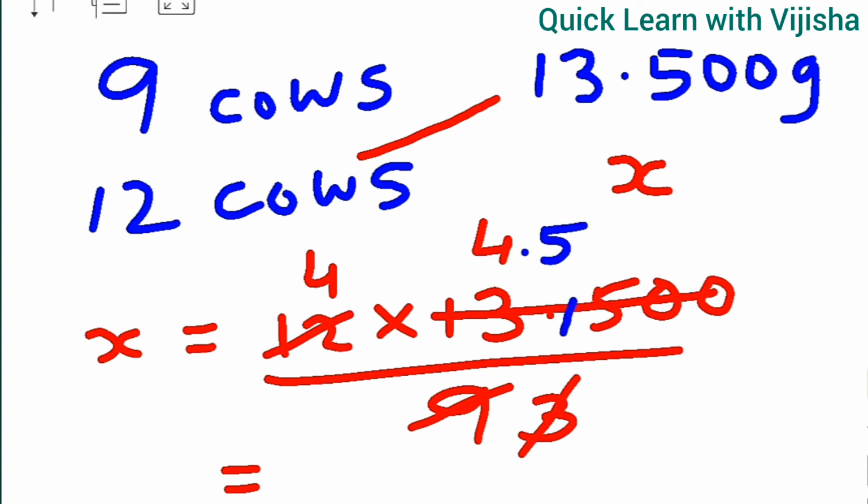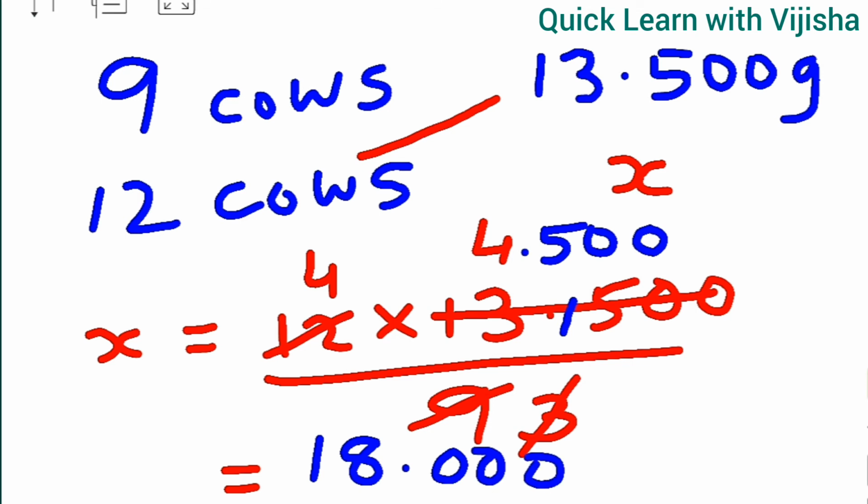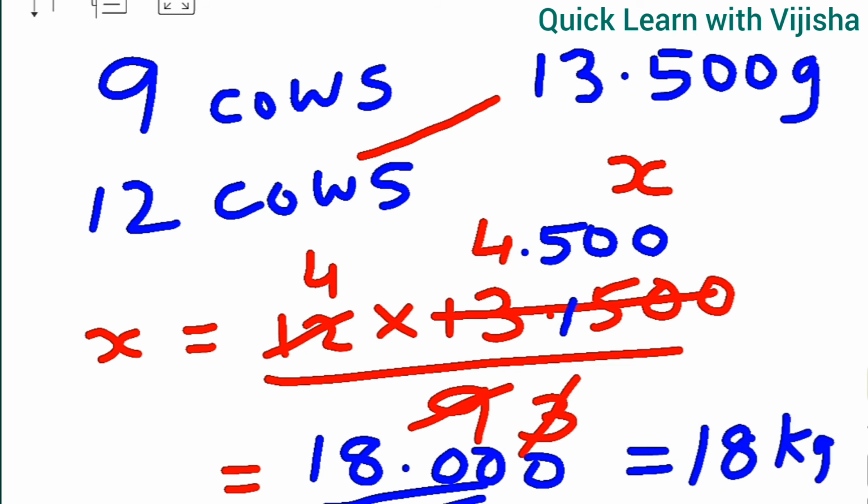Here a decimal is there, so don't forget to put the decimals and zeros also. Understanding, children? After multiplying 4 with 4.500, you will get the value 18.000. The question has been asked in kg form, so it will give you the value 18 kg.